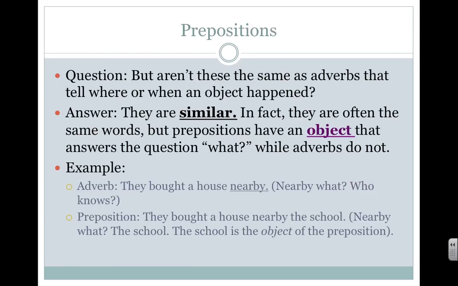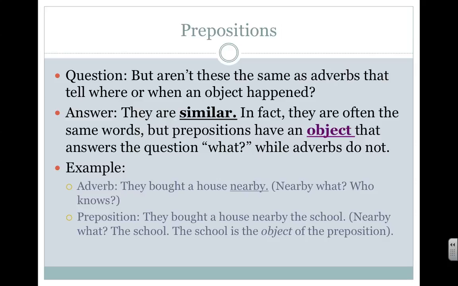So you might be wondering then, aren't these the same as adverbs that tell where or when an object happened? My answer to that is they are similar. In fact, a lot of the times it's the same exact word, but prepositions have an object that answers the question what, while adverbs do not. So for example, they bought a house nearby.